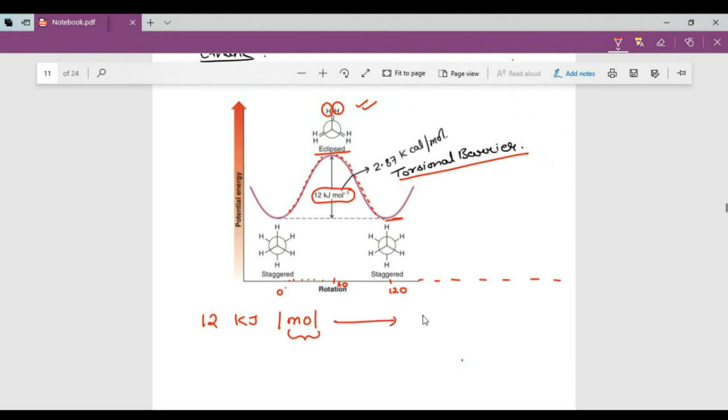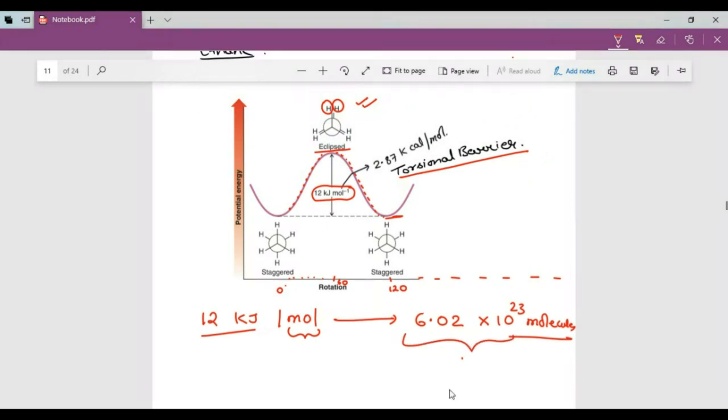Mole is an Avogadro number of molecules, 6.02 times 10 to the power 23 molecules. Just imagine 12 kilojoules is required by such a vast number of molecules. So, no need to tell me for one molecule, you can feel how small a value of energy is required.